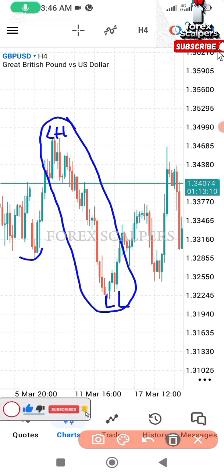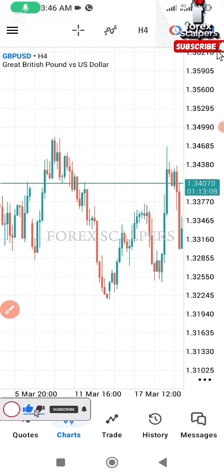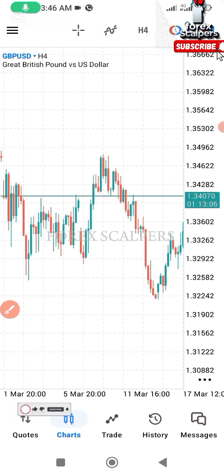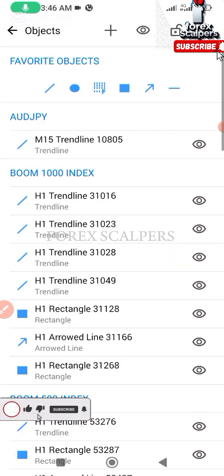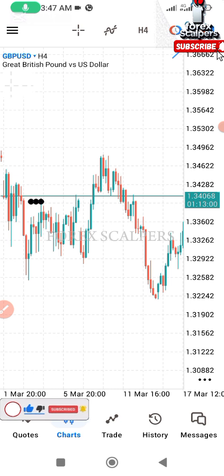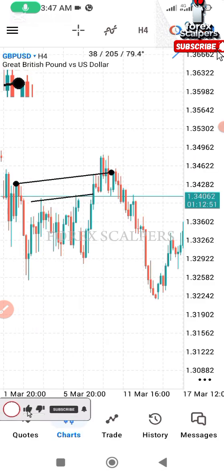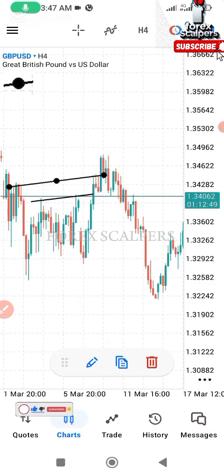So in this range, you will identify where this range takes away liquidity. So if you look at this carefully, you realize that there's a liquidity that was sitting here, and again another liquidity was taken at this point.